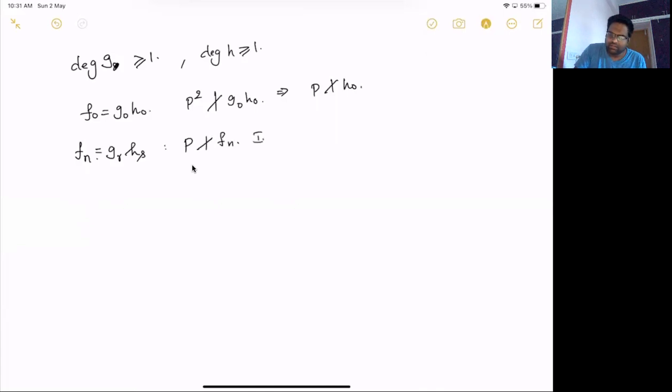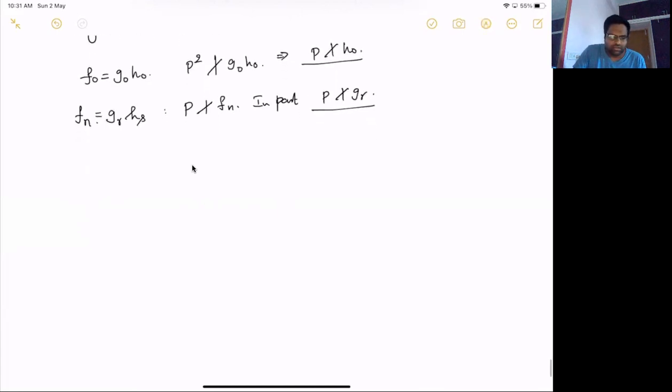In particular, p does not divide Gr. So p does not divide H0, and p does not divide Gr. Okay. So let i be the smallest integer, or the least integer, such that p does not divide Gi.